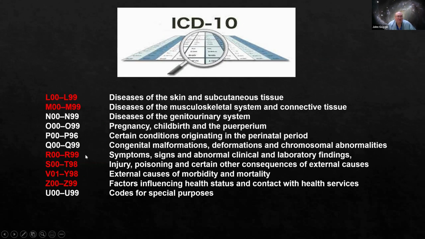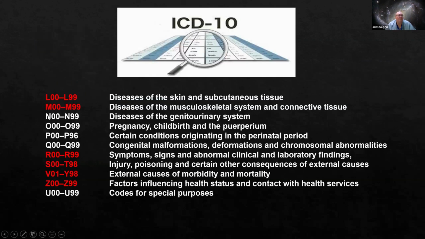And again, if you can think of a disease or condition, you would expect that there would be a code for it, but there's a couple of exceptions where there aren't. So this is an example of an actual ICD-10 code, just to demonstrate how much depth there is to it.